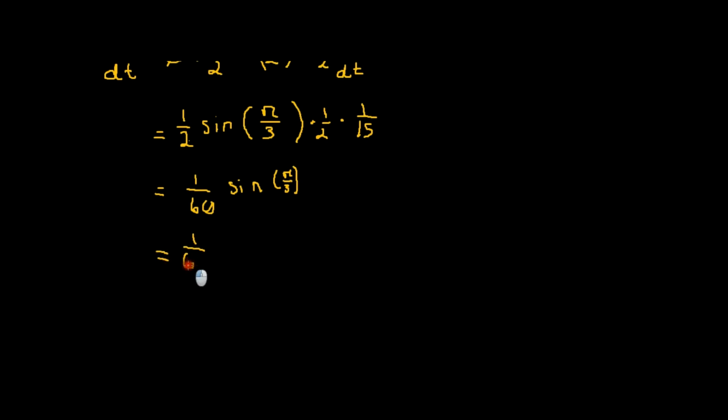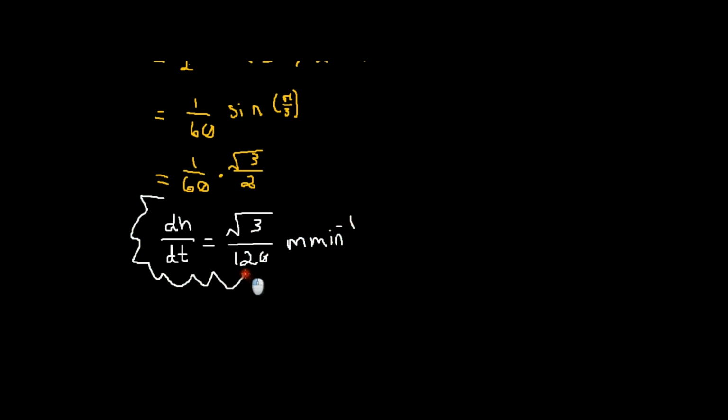So 1/60th times square root of 3 over 2, dh/dt is equal to the square root of 3 over 120 meters per minute. That problem took a million years.